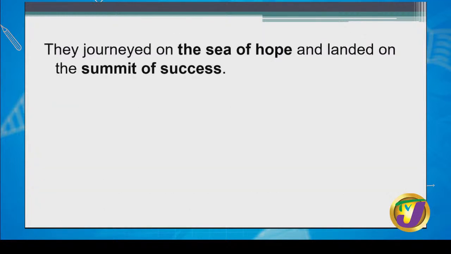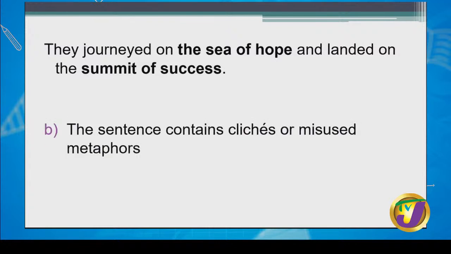So the highlighted sections now, the sea of hope, the summit of success. What is off about those two expressions being used together? The sentence contains, well, in this case, it's not a cliche. You have misused metaphors because you have the sea of hope and then the summit of success.